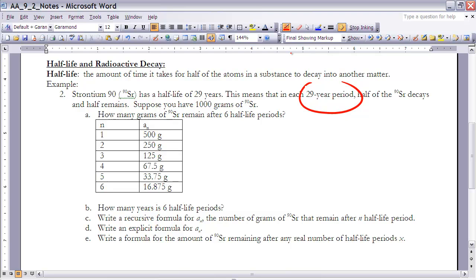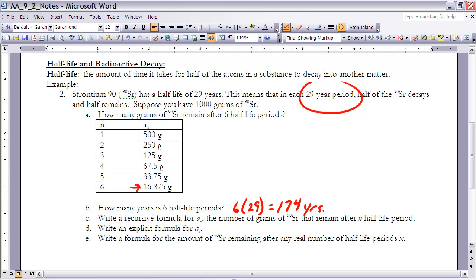Therefore, to find the number of years, we take 6 times 29, which is 174, so it would represent 174 years.